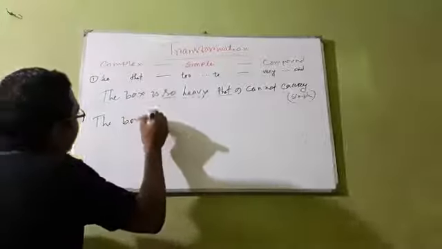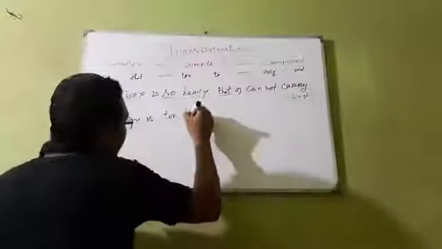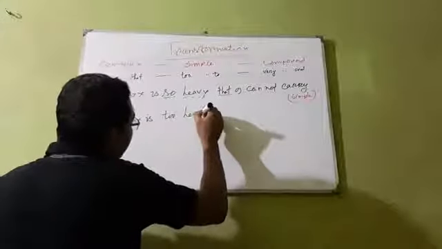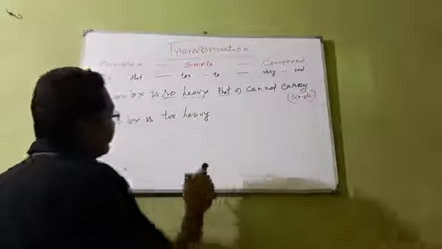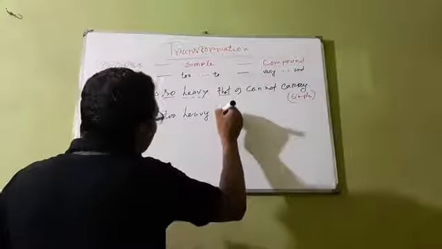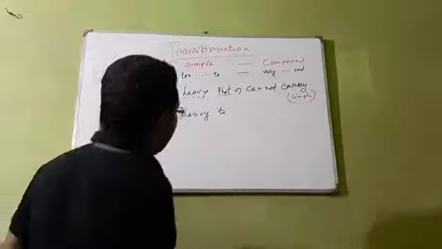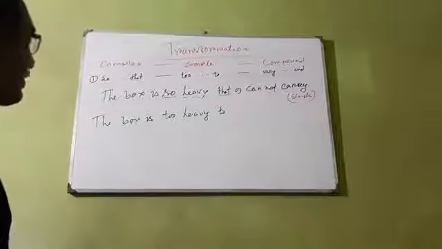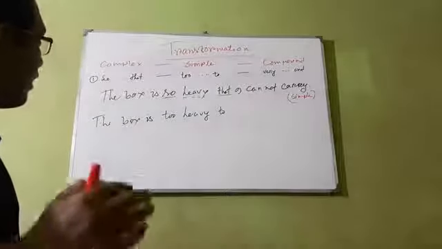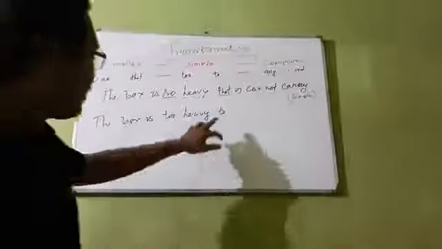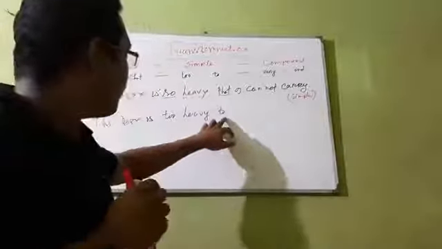The box is "too" in place of "so". Dot dot dot means it will be retained, and this "to" is in the place of "that". We have written up to these two.